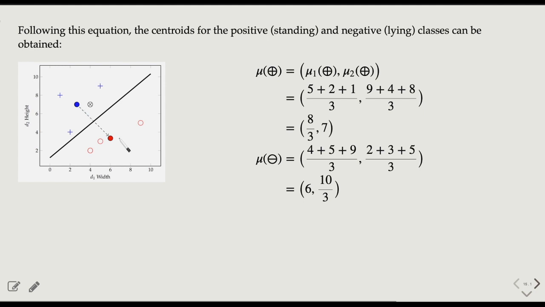And likewise, we can also compute the center of the 3 red points as well. So as you can see, the center, the mean of the plus class is the mean of the values on x and the mean of the values of y. Okay, and so these are the centers for the 2 classes here.